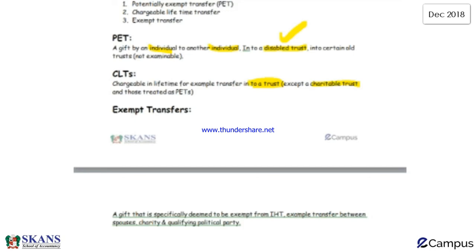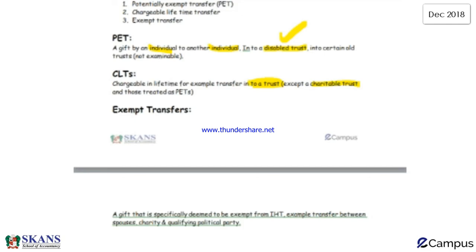If we have a look at the definition of IHT, it is when a chargeable person makes a transfer of value of a chargeable property, implications of IHT may apply. Whenever a person makes a transfer of value, they can do that either in their lifetime or on their death, when they transfer the assets from their estate through a will.